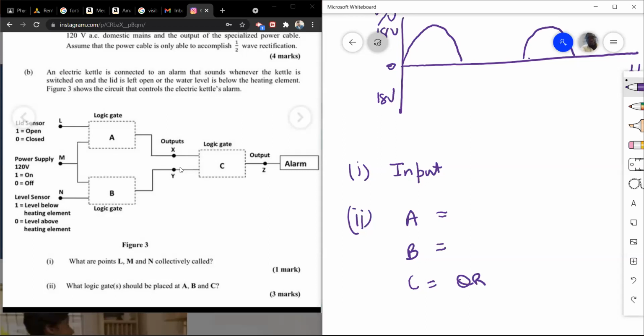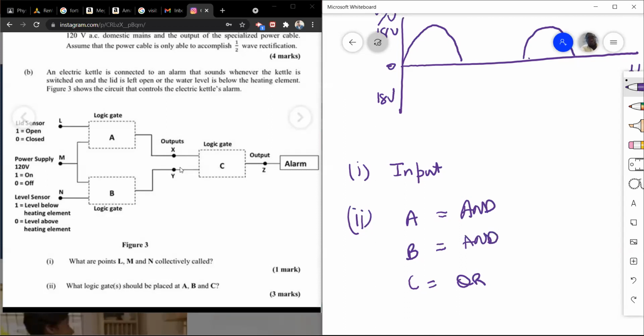So if the kettle is on and the lid is open, then it will give a signal, right? So A should be an AND gate. And if the kettle is on and the water level is below the heating element, then it should give a signal as well. So B should also be an AND gate.